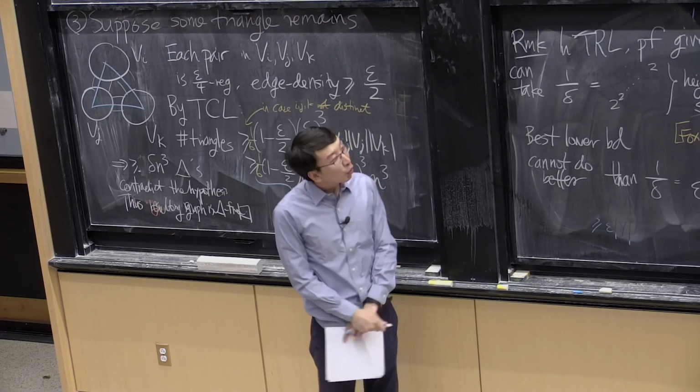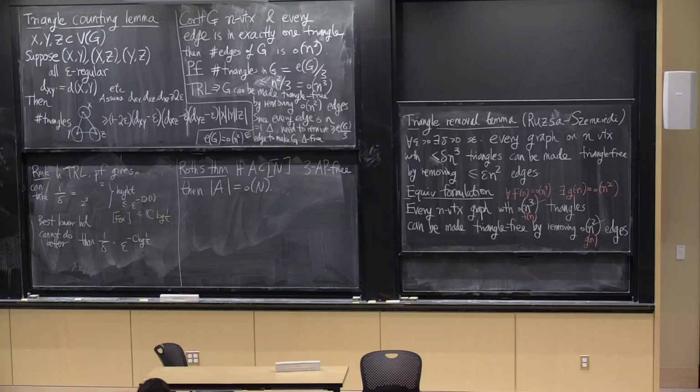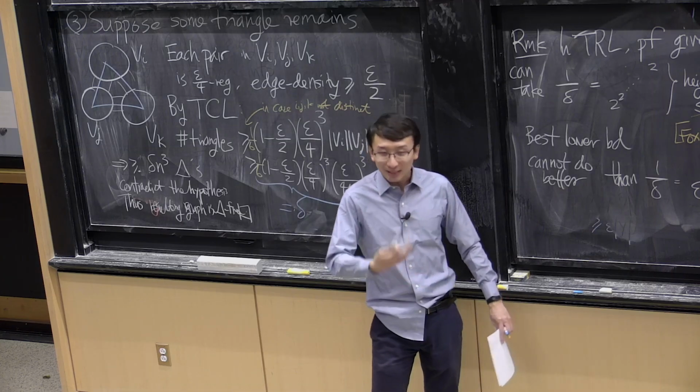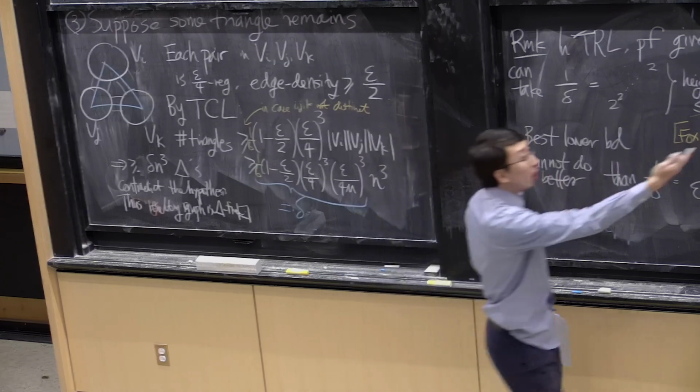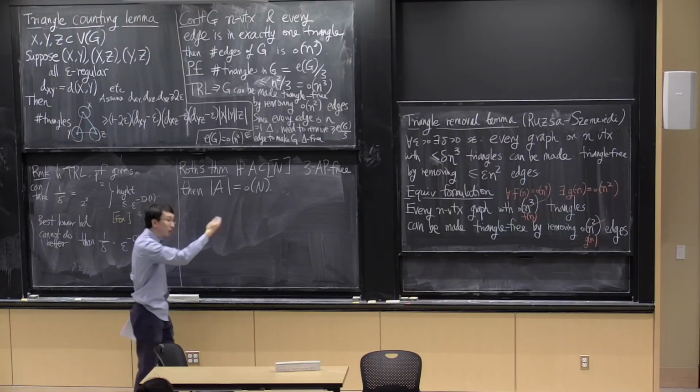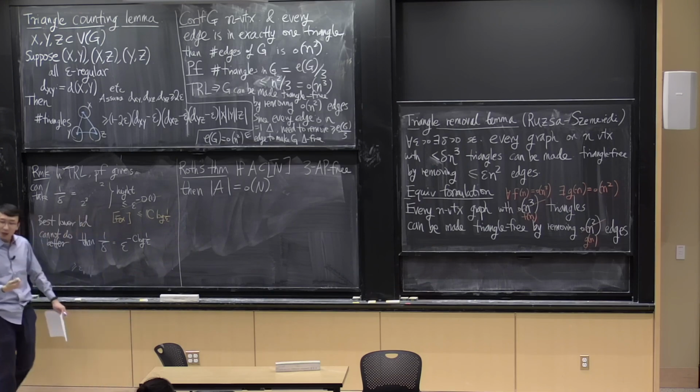All right, so what does this have to do with the triangle removal lemma? If you remember the first lecture, maybe the connection shouldn't be so surprising. What we will do is set up a graph, starting from some arithmetic set, such that the graph encodes some arithmetic information.